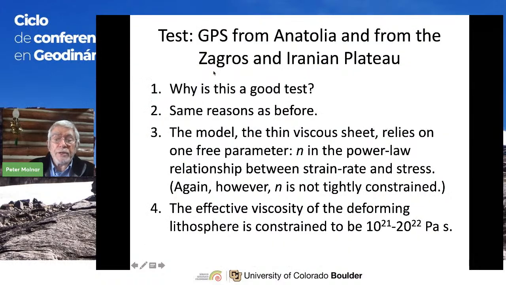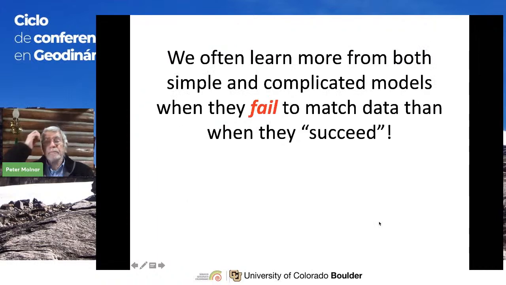So once again, why is this a good test? Same reason as before. The model, the thin viscous sheet, relies on one free parameter, n, in the power law relationship between strain rate and stress, although again, n is not tightly constrained, and the effective viscosity is not tightly constrained in this simple way.